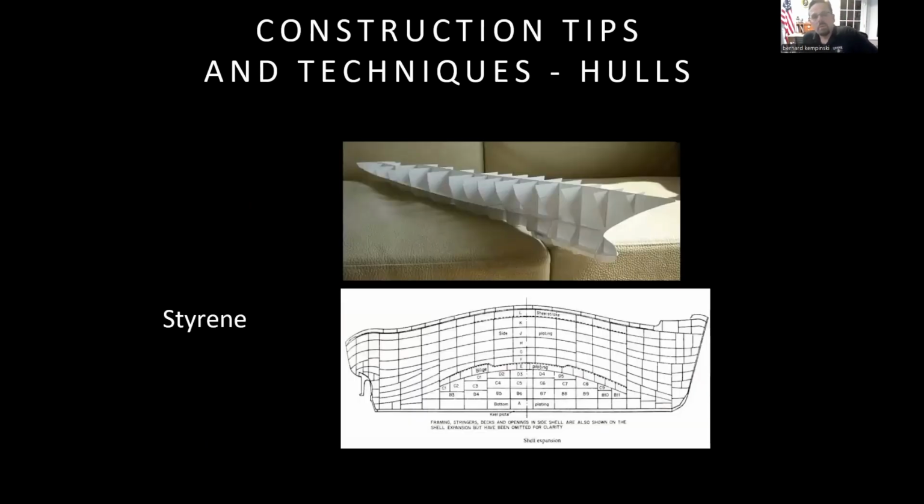There are people who build plank on bulkhead models in styrene, but this is actually a lot harder than it looks. And the reason for it is illustrated by this thing called a shell expansion diagram. When you build a steel ship, the plates can't stretch. So the engineers that design these ships have to draw what the steel plate looks like in 2 dimensions.